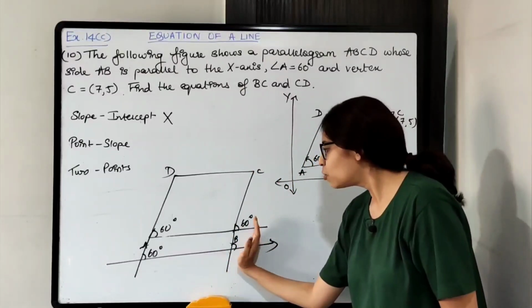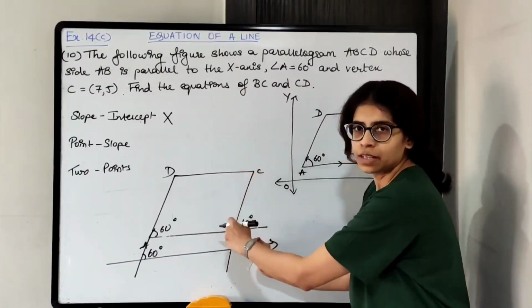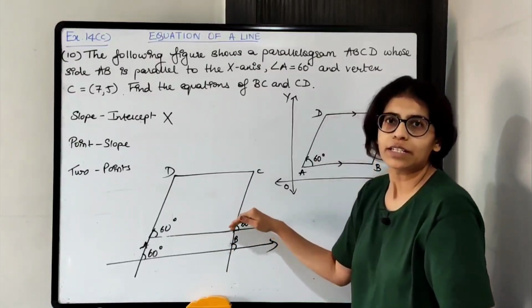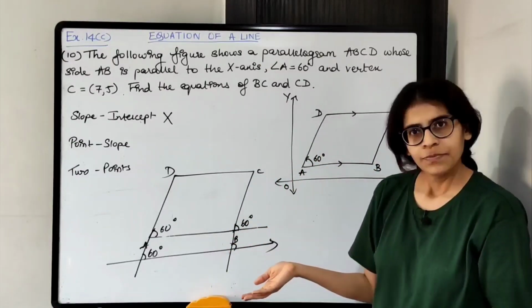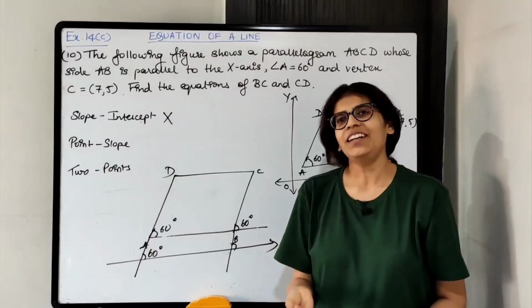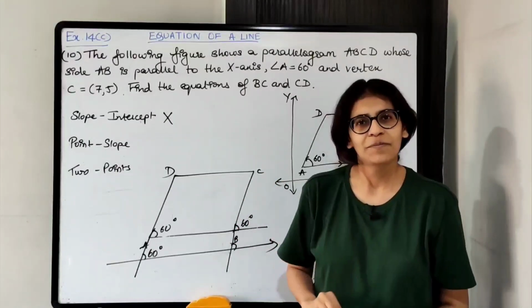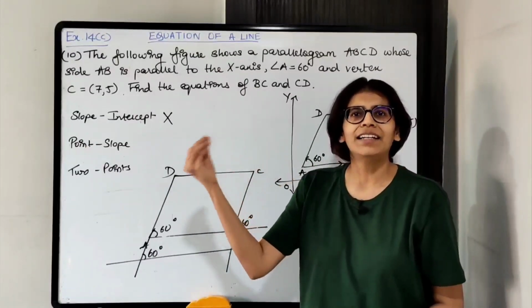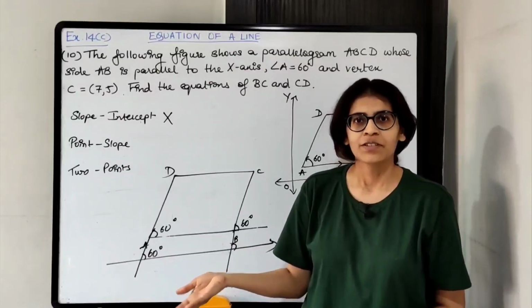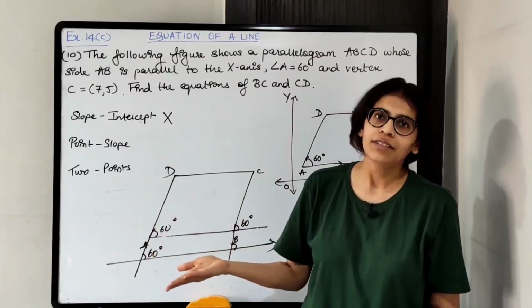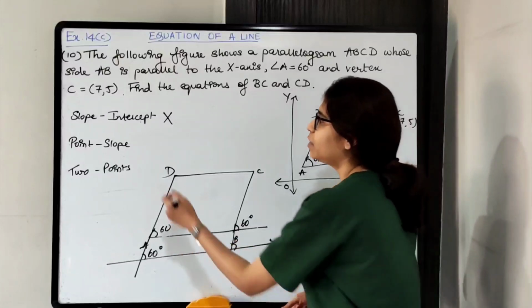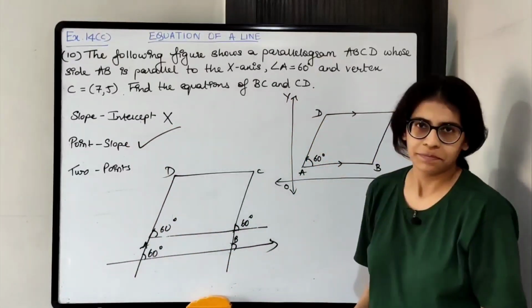From the x-axis, you are going towards this line, so you are going anti-clockwise. So it is positive 60. When you know theta, you can easily find the slope, because m is tan theta. So m will be tan 60 over here. That is root 3.